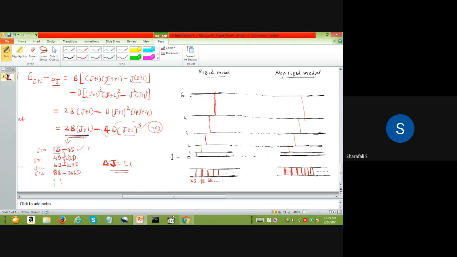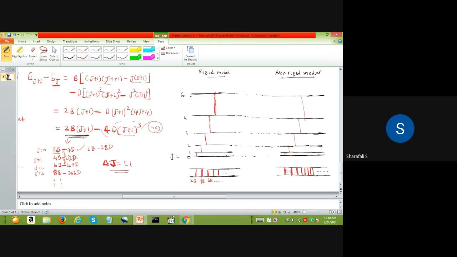In the first case the difference is 2b, then we have minus 32 minus 4, so that will come as minus 28. Then we have these two separations, if you consider, then we have 2b again. Then we have this separation also, 108.